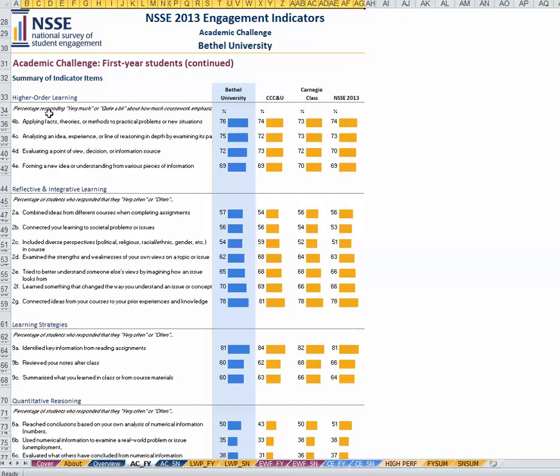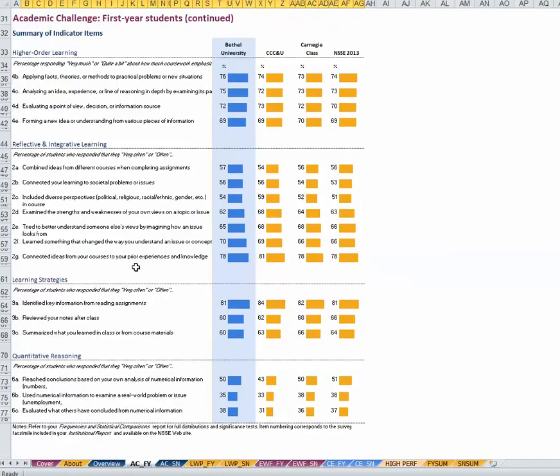So you'll see here, this is the percentage responding very much or quite a bit about how much their coursework emphasized, and then each of the different items here. So what's nice about this is you can look here at what are the specific areas, if there's significant differences, that are causing the differences to exist compared to our institution compared to other institutions.